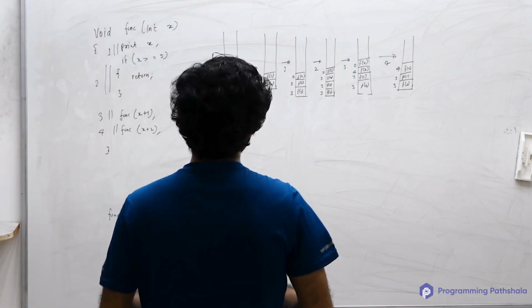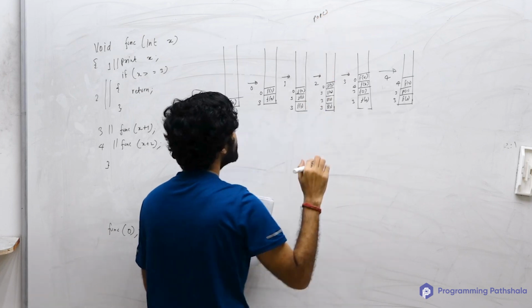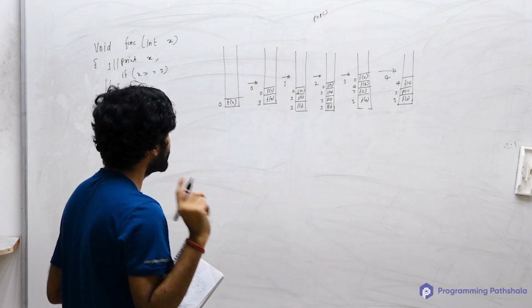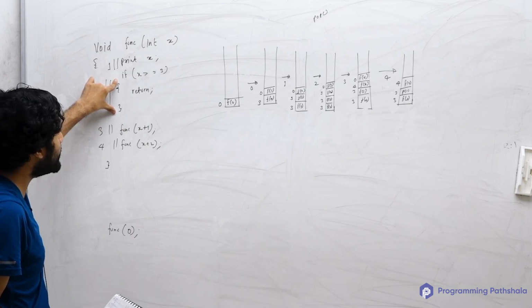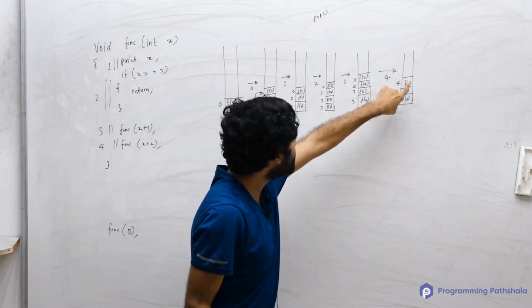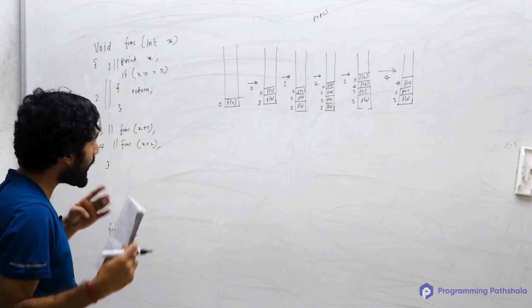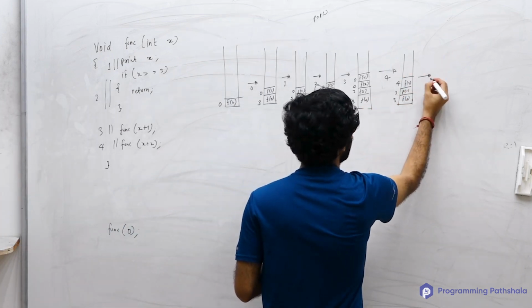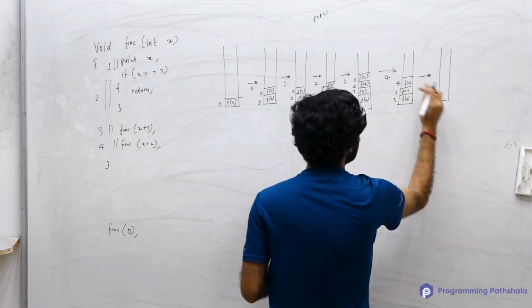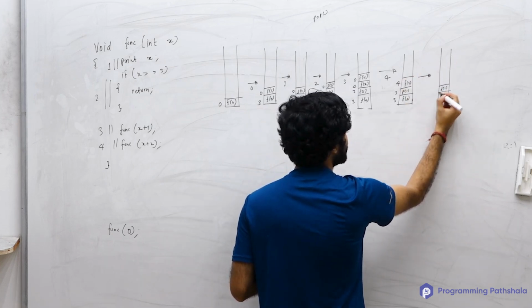So for a particular function call to get popped out, either of two conditions should be true: either it should return explicitly, or that function has executed all its instructions. If either of these two is true, then the pop will happen. So it will simply be popped, and now I have f of 0 and f of 1.